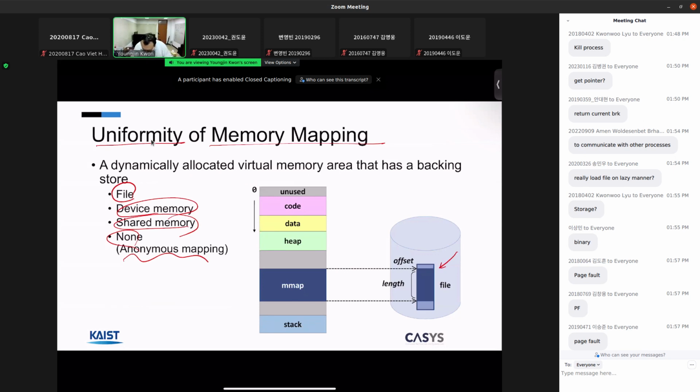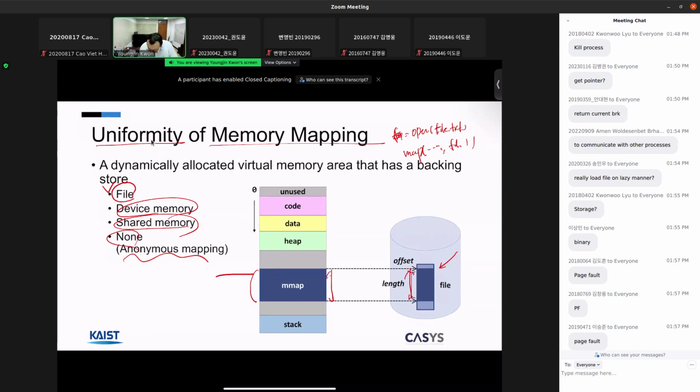So the basic concept of mmap is this. As I said, mmap here is some area of the heap. The mmap can also be backed by a file. So you can open a file, get the FD, and mmap giving the FD, then this works as file backed memory. The memory map size is exactly the same as the file length.